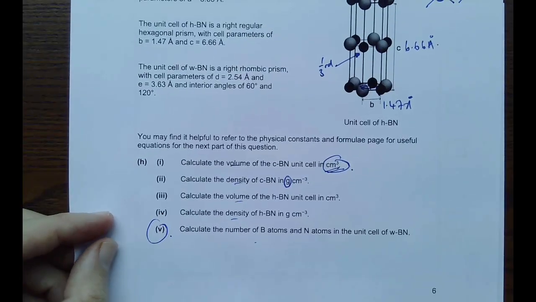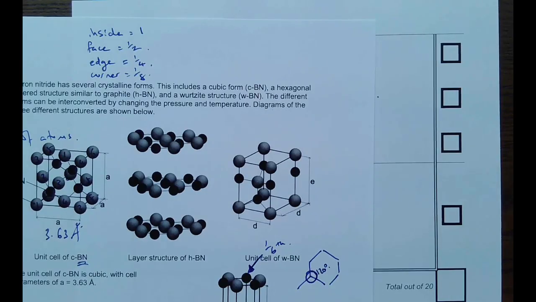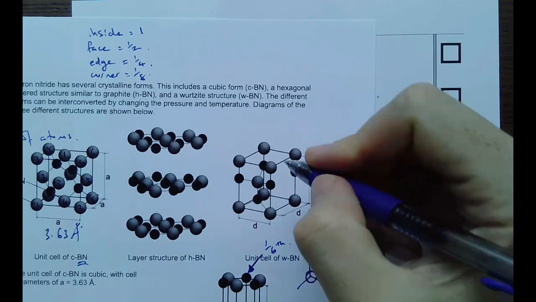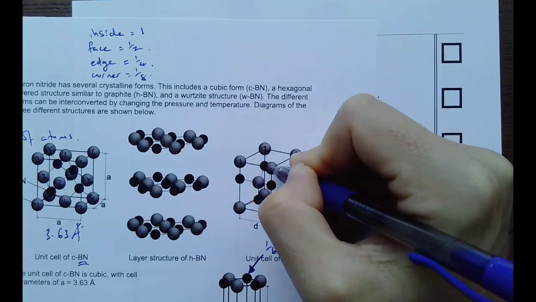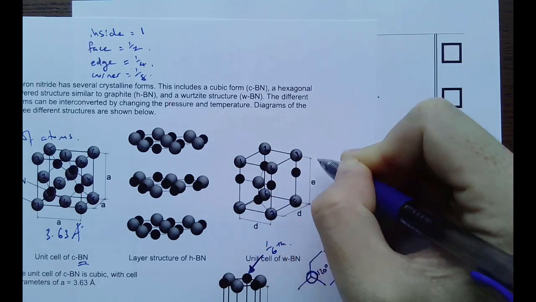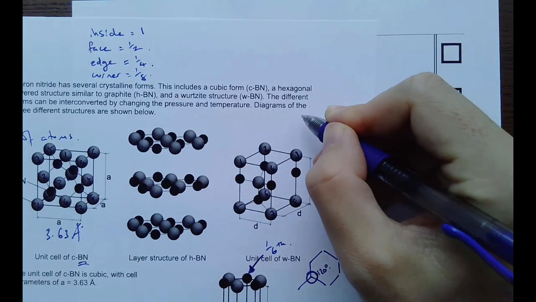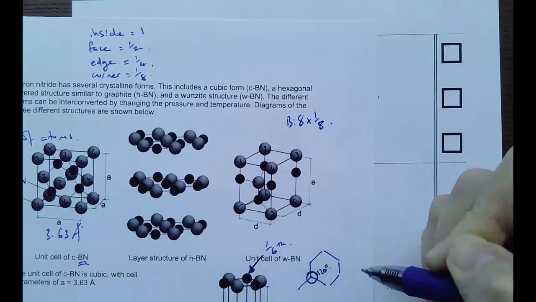Calculate the number of boron and the number of nitrogen in WBN, this one here. Okay, so corner. I've got 1, 2, 3, 4, 5, 6, 7, 8. So this is for boron, 8 times 1 over 8.